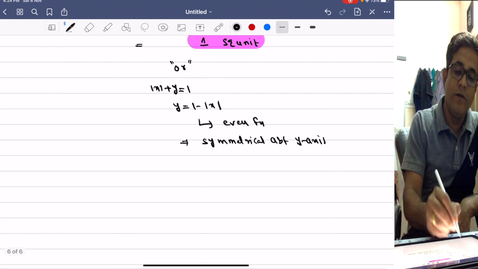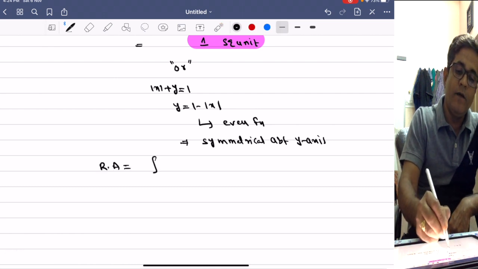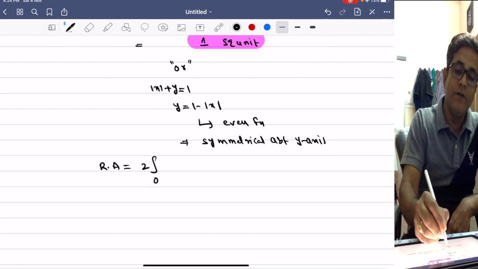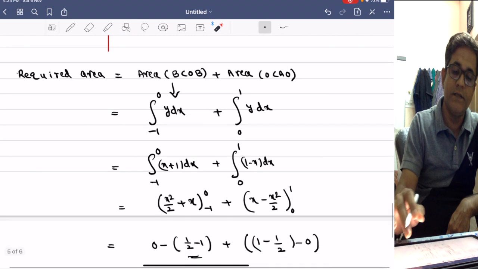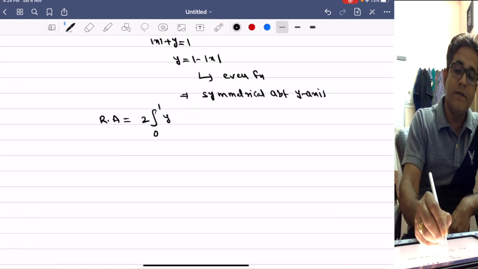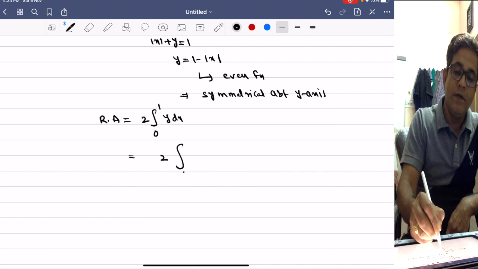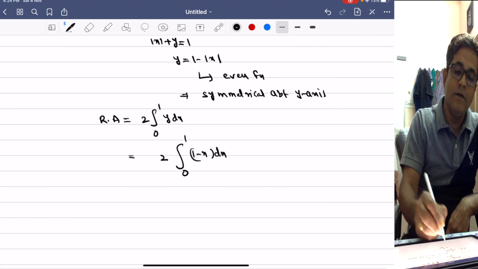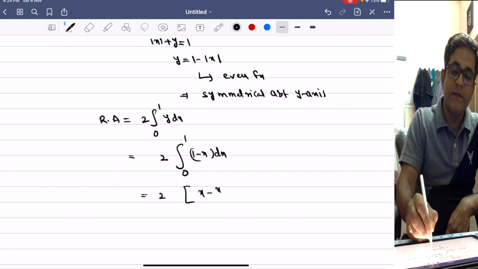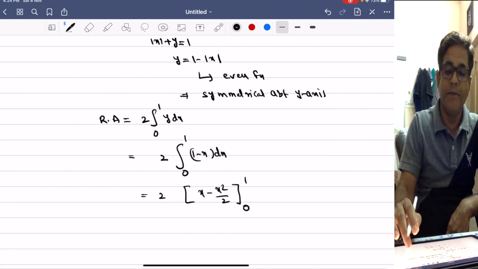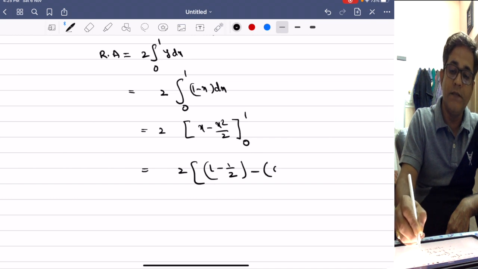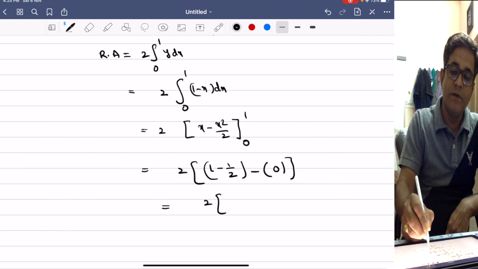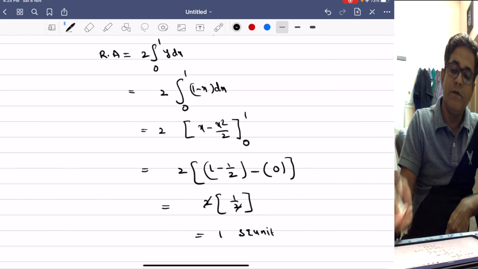If you use the symmetry, the required area is 2 times the integration from 0 to 1 of y dx, where y = 1 − x. That is 2 times the integration of (1 − x) dx from 0 to 1, which is 2 times [x − x²/2] with limits from 0 to 1. Substituting the upper limit, 1 − 1/2 − 0, so this is 2 times 1/2, the 2s cancel, therefore 1 square unit. So this is the required area.